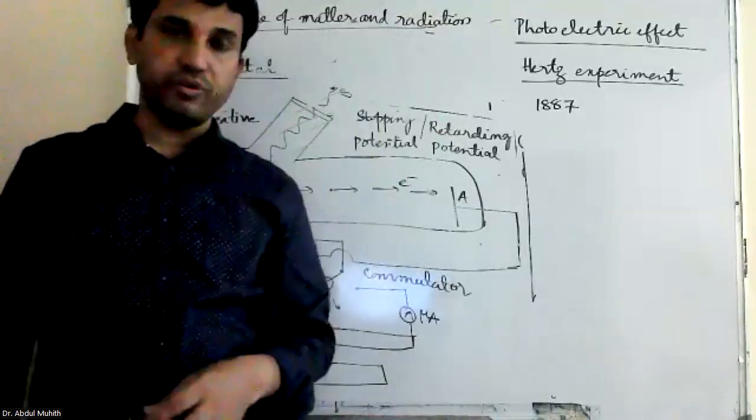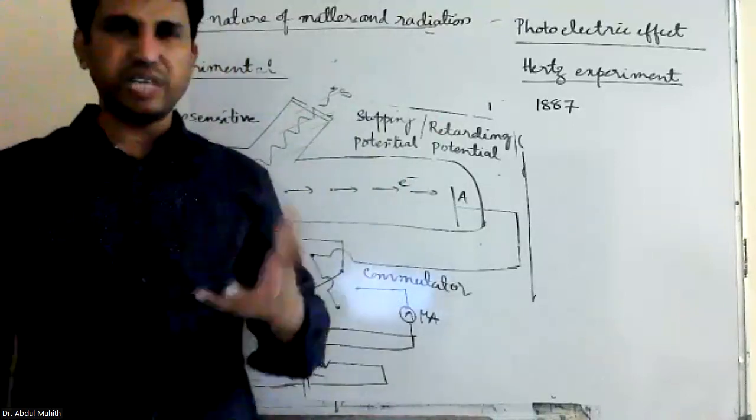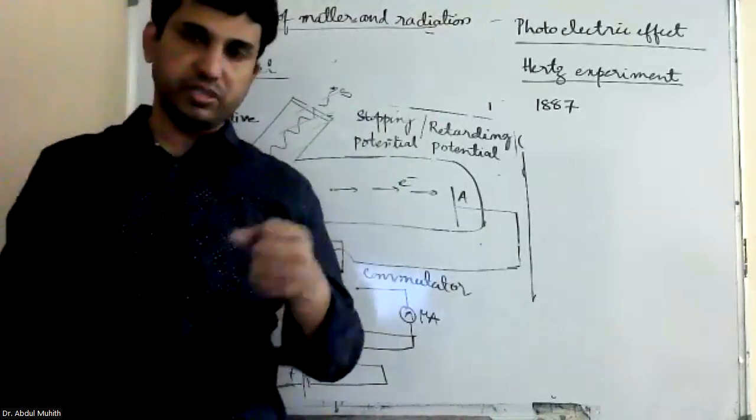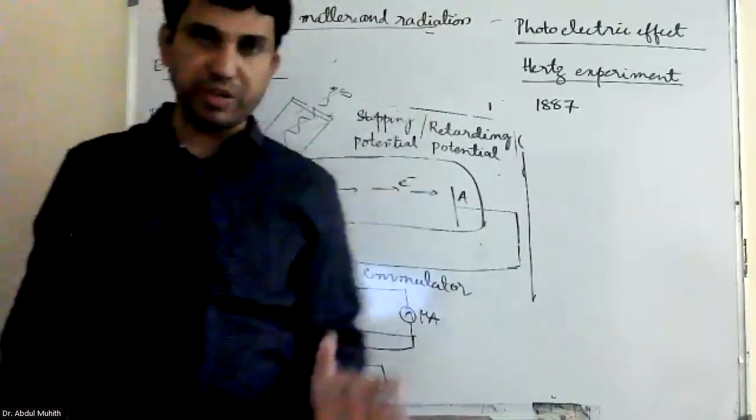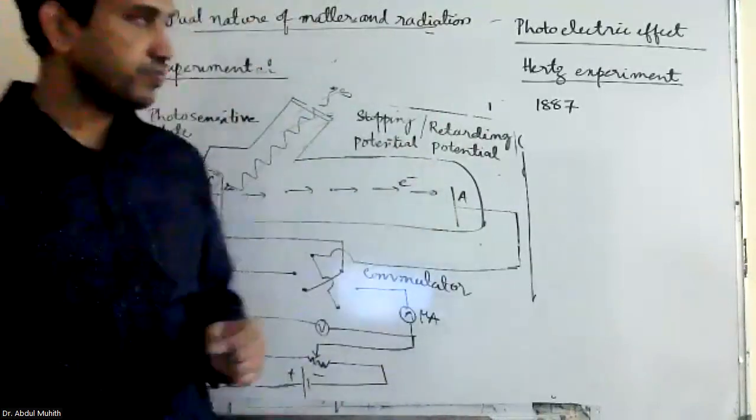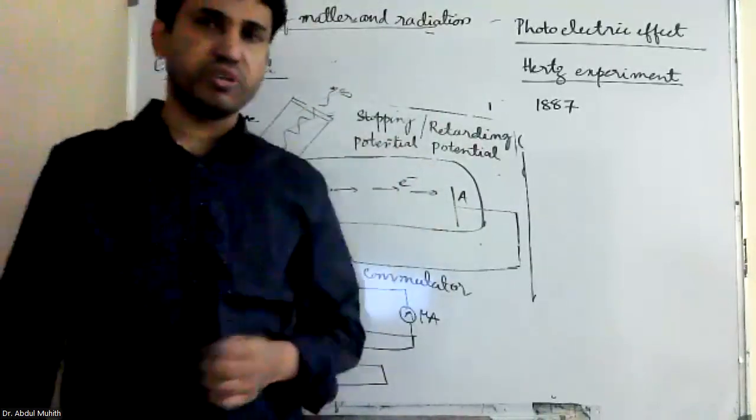He invented the radio, for which he got the Nobel Prize. So this happens, you know. That is why we make patents. Whenever we do some research, immediately we make our own patents so that nobody steals our idea. In those days, this concept was not there.